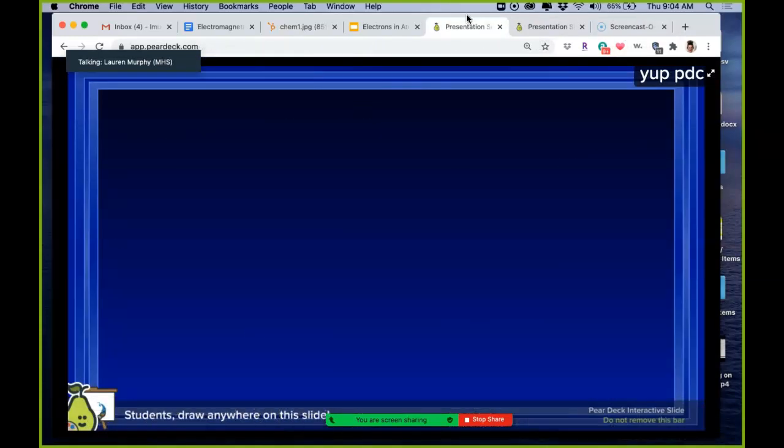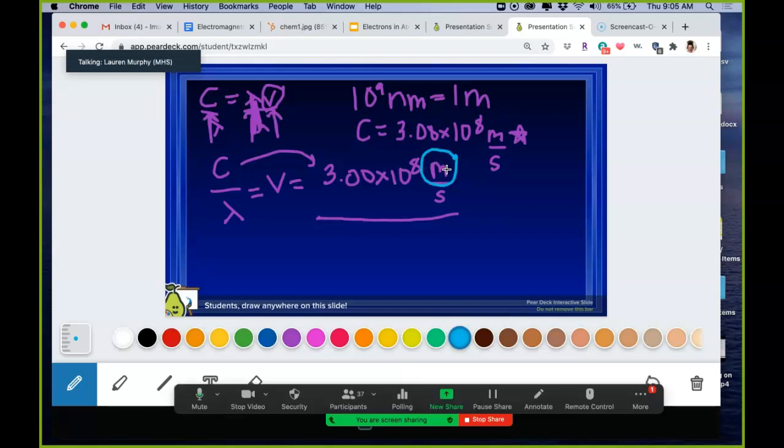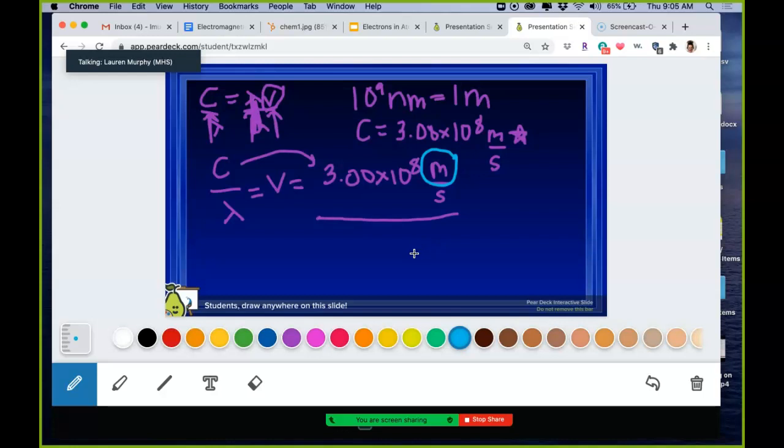Anybody know why you can't plug nanometers into this equation? What's this? Meters. So the units have to match or they won't cancel out properly. So in order to do this problem, you have to turn the nanometers into meters.